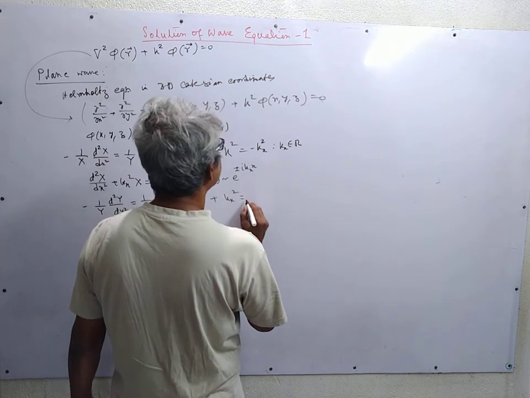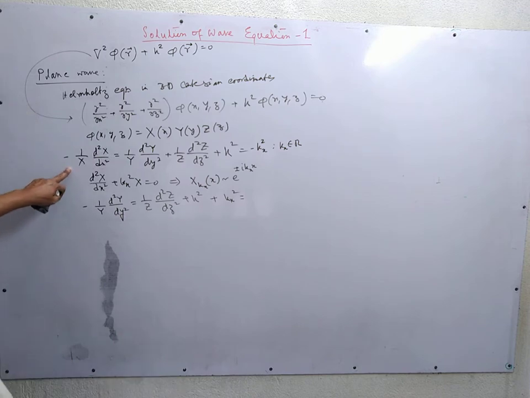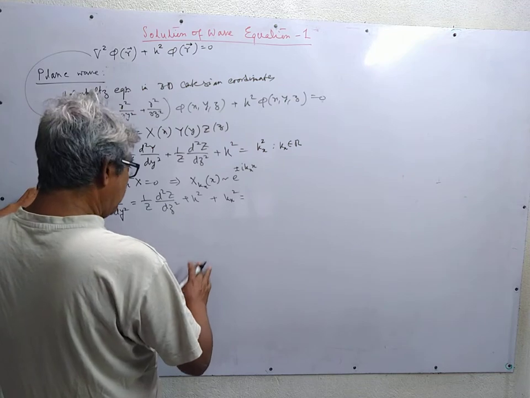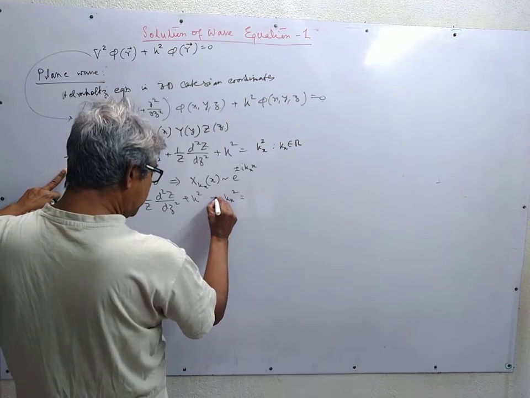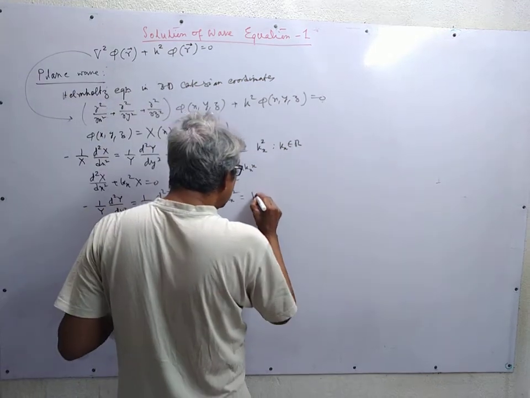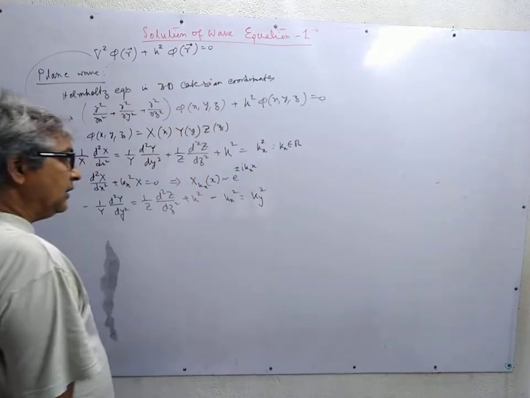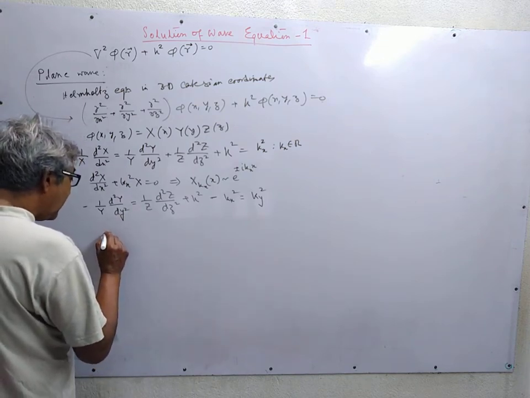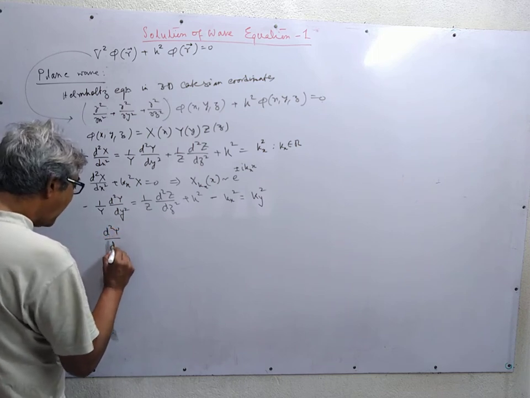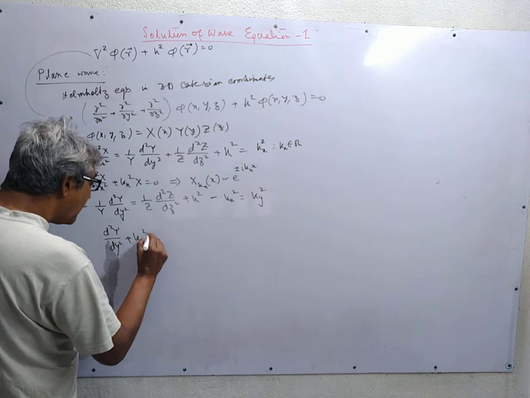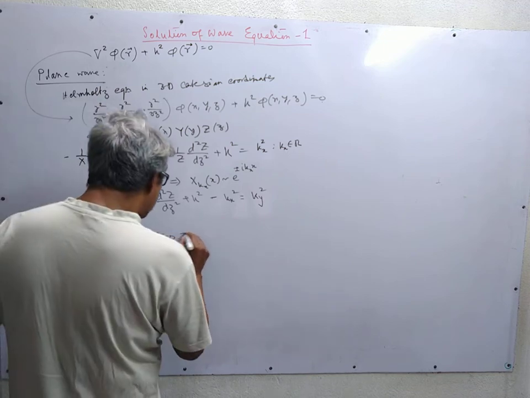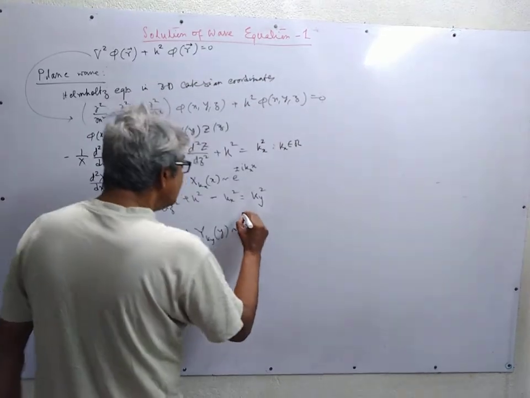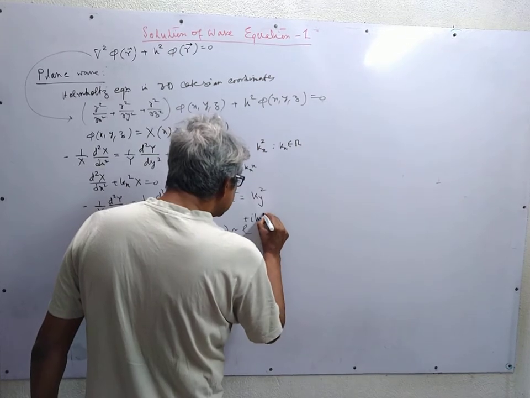Sorry, I have made a mistake. If this is minus, then this should be plus, and if this happens to be plus, then this kx square must be minus, and this should be ky square, where ky is again real. So the Y equation becomes d2Y dy2 plus ky square Y is equal to 0, which gives the solution Y of y of the form e to the power plus minus i ky y.